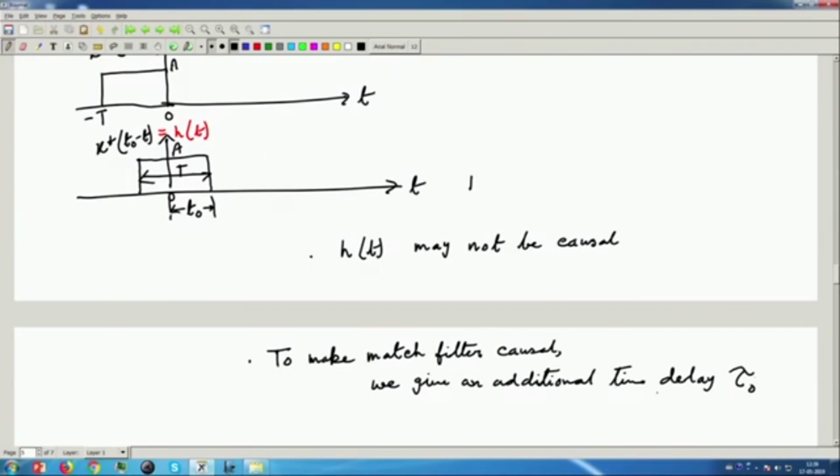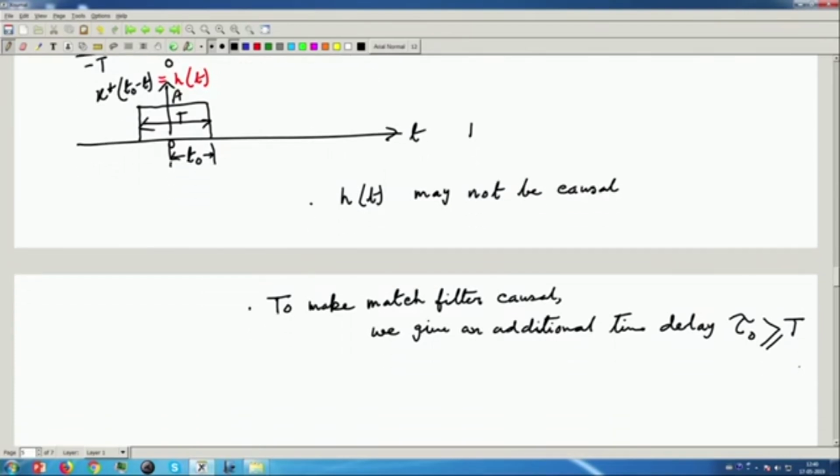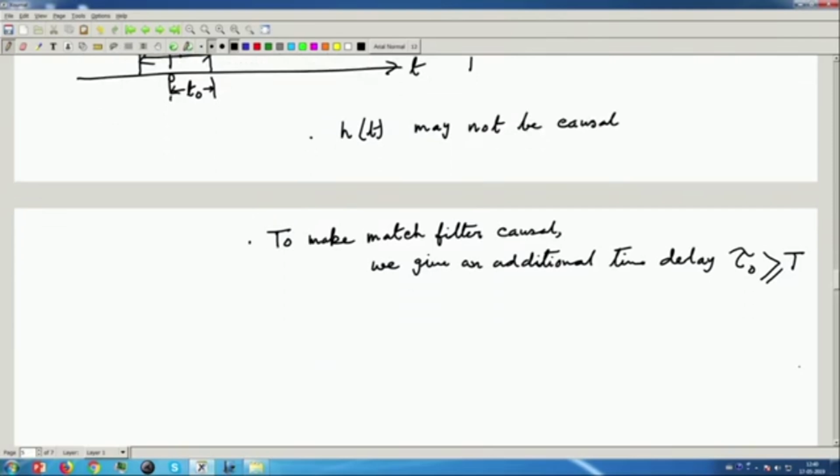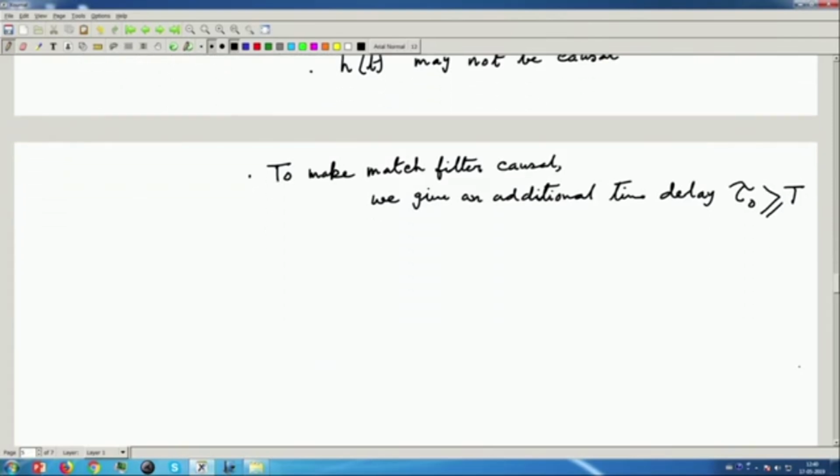We give an additional time delay tau naught, and what we require from that tau naught is that it should be at least equal to the duration of the signal, capital T. So, we are now changing that h(t) definition of equation 13.